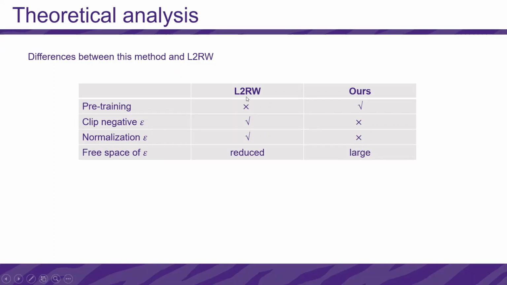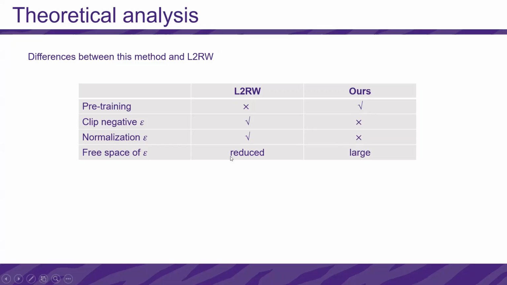But here is the difference between these two methods. This method in this paper needs pre-training, but the learning to reweight doesn't. And the learning to reweight needs to clip negative weight. This method doesn't do it. And the learning to reweight normalizes the epsilon.